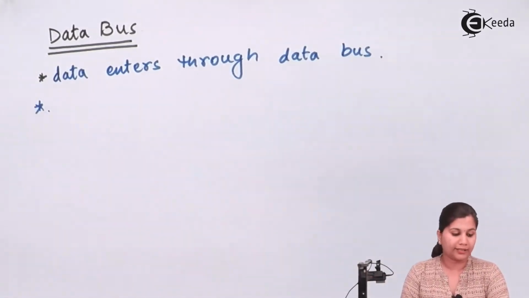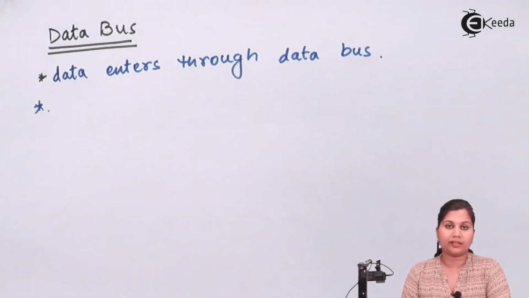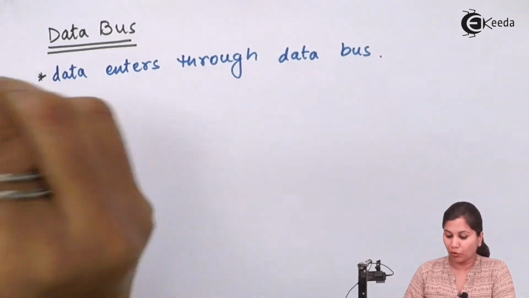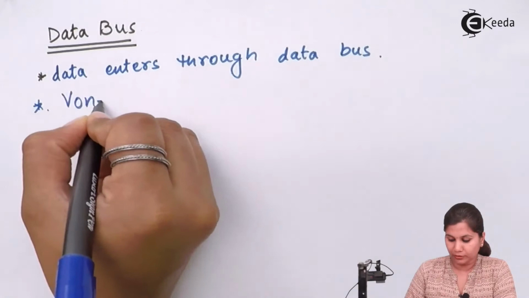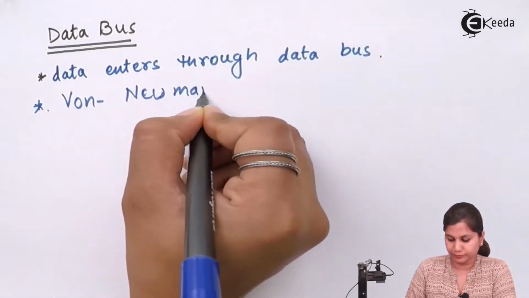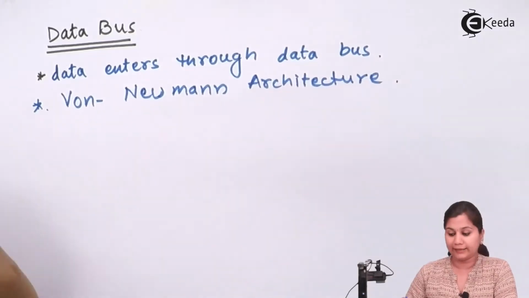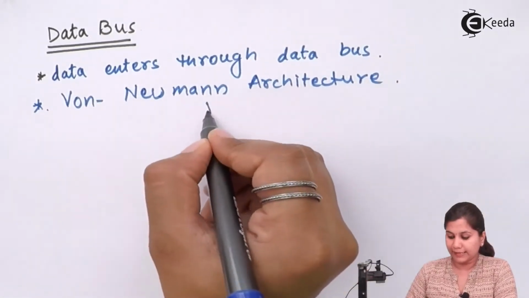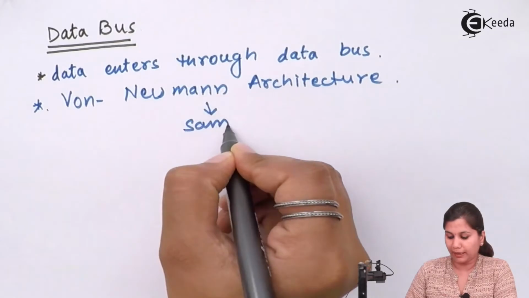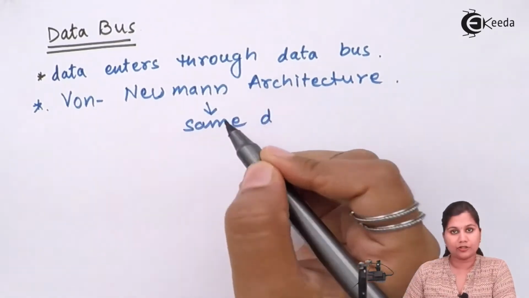Now as for the architecture, the ARM processor supports the von Neumann architecture. And in this type of architecture, the same bus is shared by the data and the instructions.